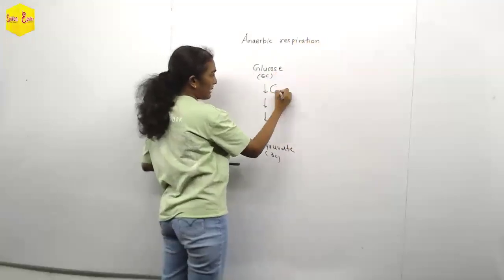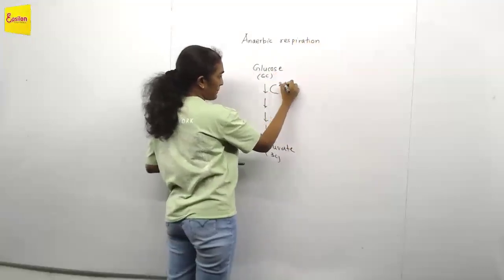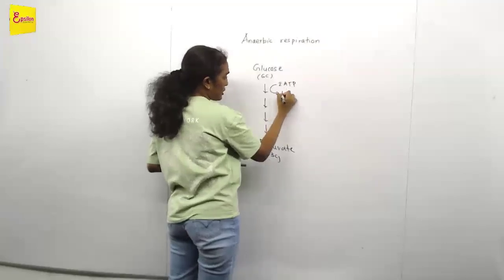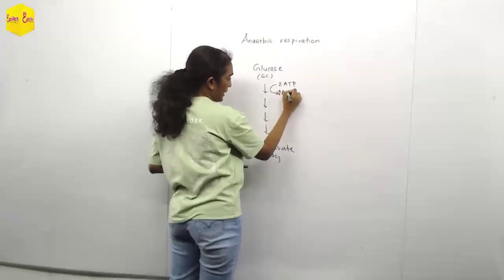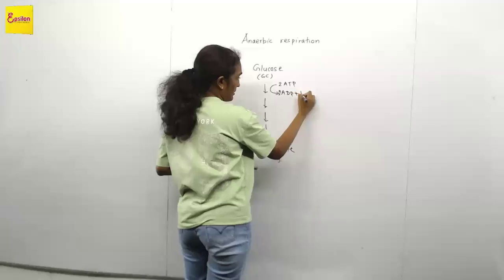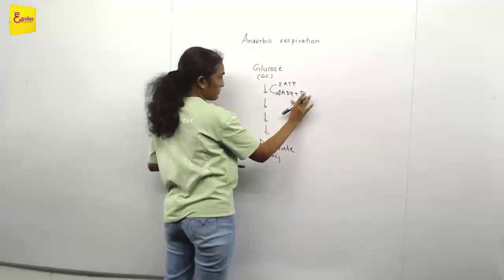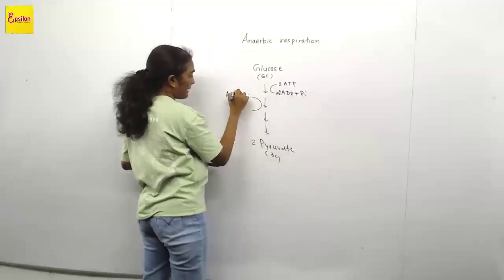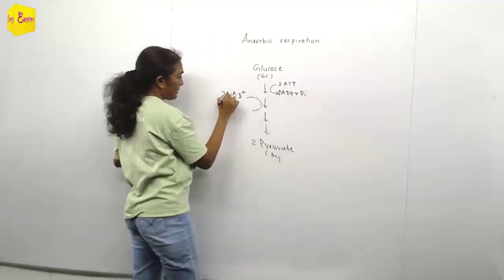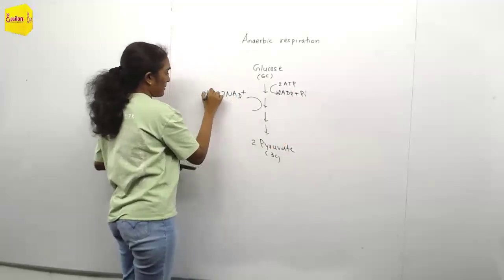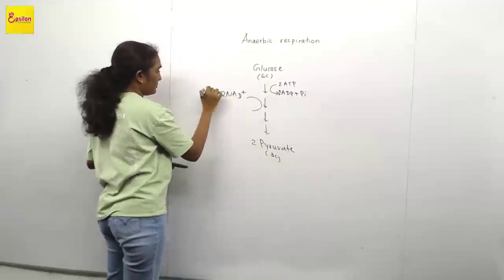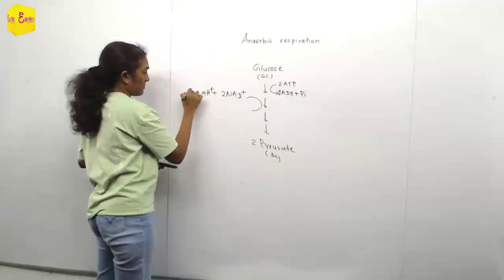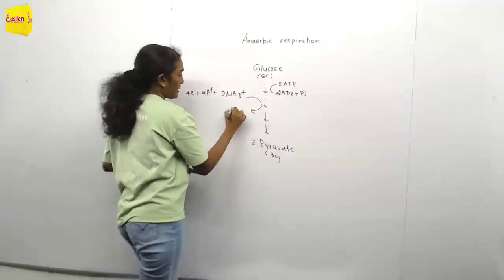What will happen at the beginning? 2 ATPs are utilized to activate the substrate. And what will happen to NAD plus? It will be reduced into NADH.